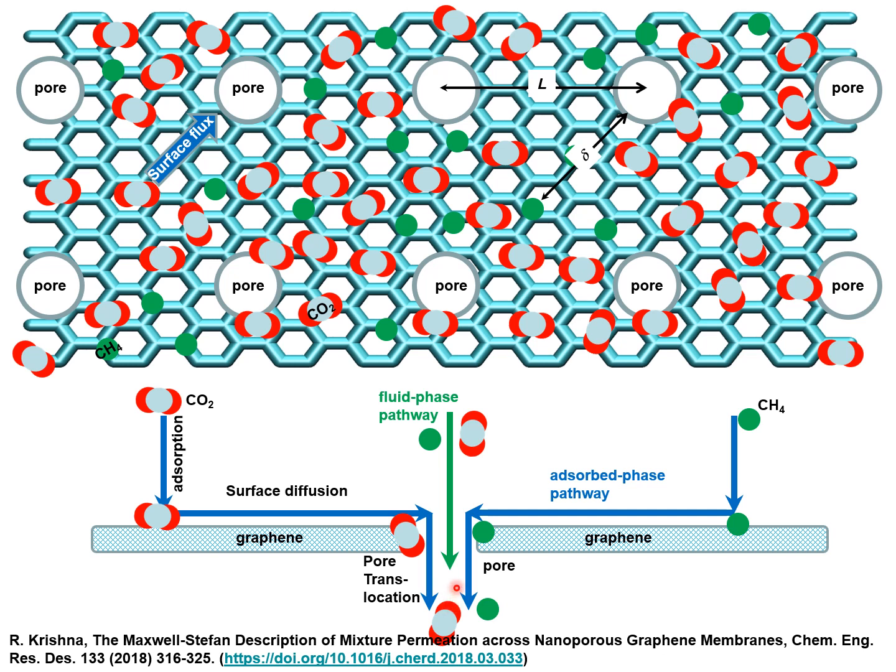Another mechanism for transport involves adsorption of the guest components CO2 and methane onto the graphene surface, surface diffusion, and pore translocation.